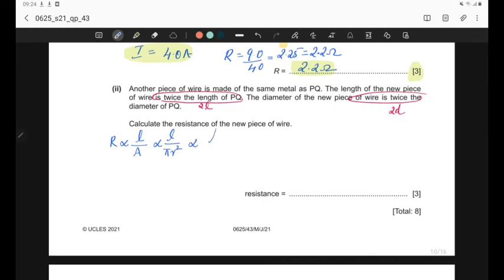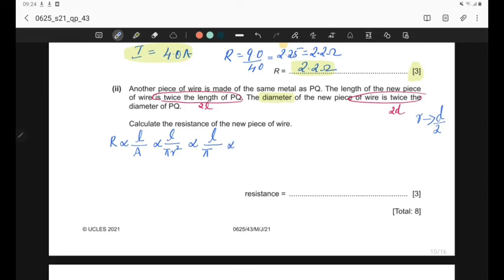So we can change this relation, where r is the radius of the wire, into diameter, because the radius is half of the diameter. I am going to replace radius and write in terms of diameter, because the question mentions diameter.